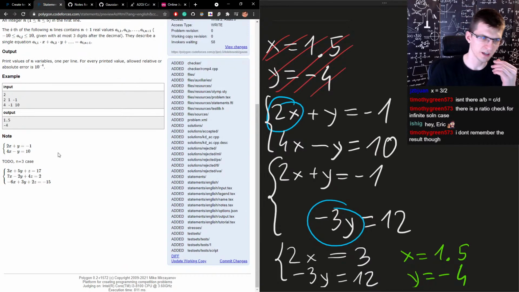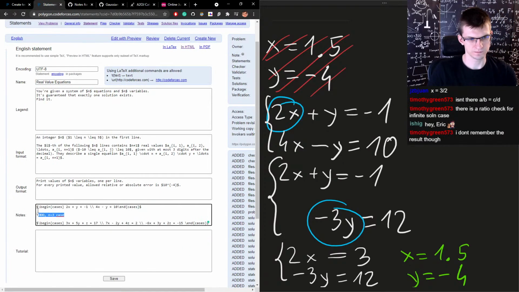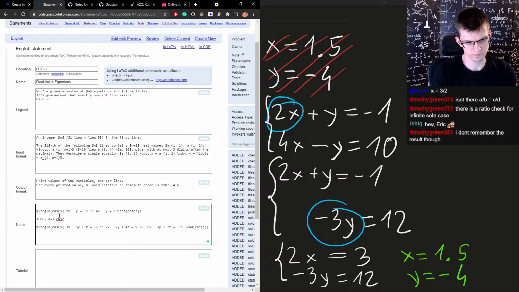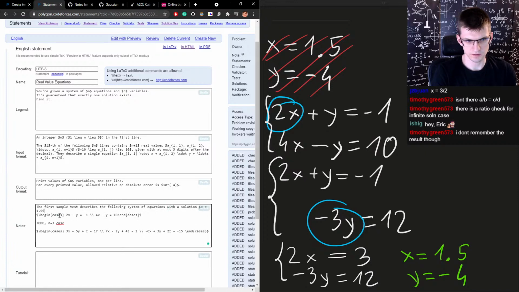Maybe here just let's say the first sample test describes the following system of equations, and the solution is x equal to this, y equal to that. System of equations with a solution. X is this, minus 4.